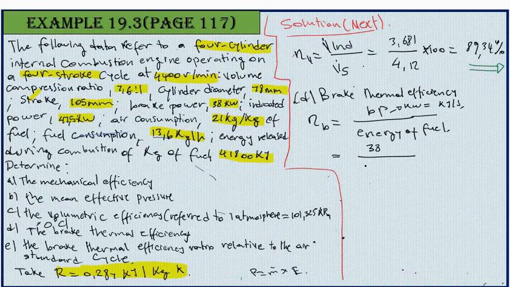So I have the calorific value of the fuel, which is 41,800 kilojoule. I need to multiply this with the mass rate of fuel, which is expressed in kilograms per hour. So I need to make sure that I get that value in kilograms per second.